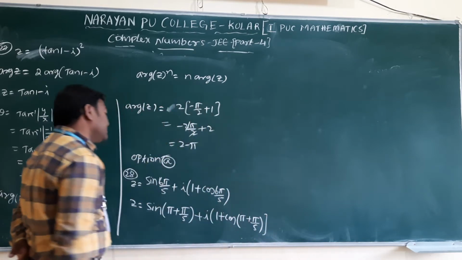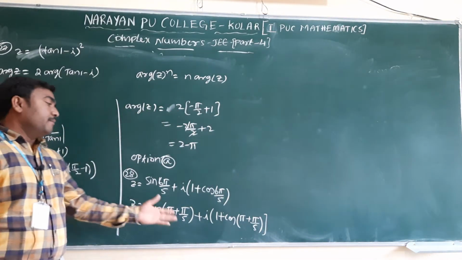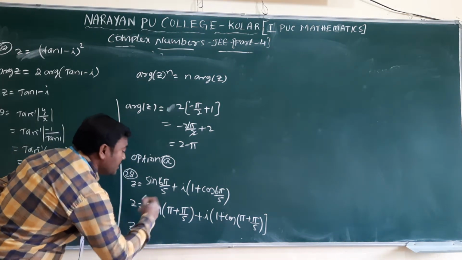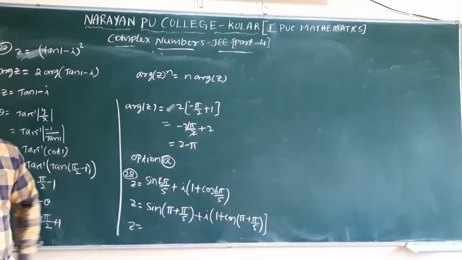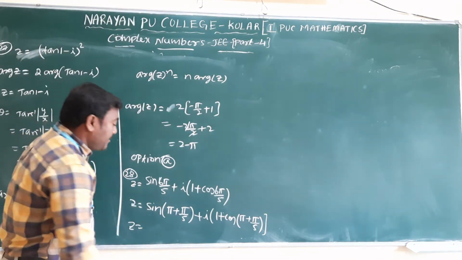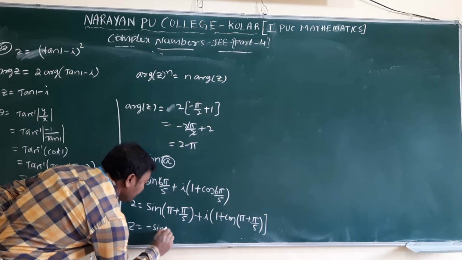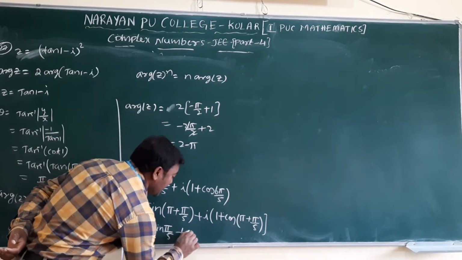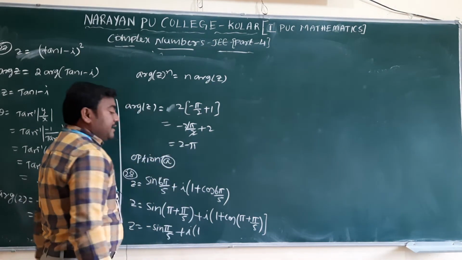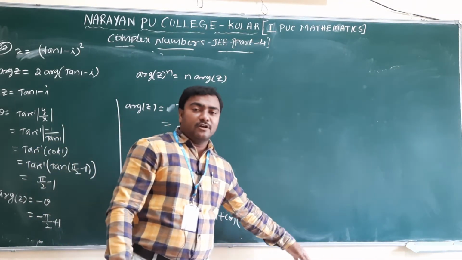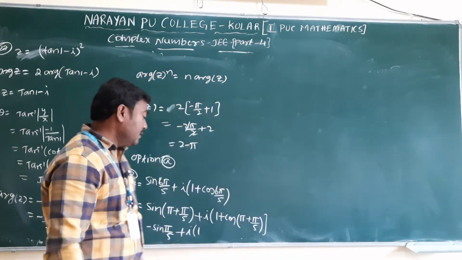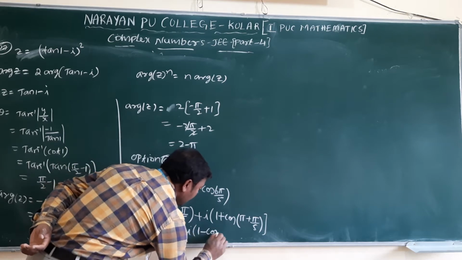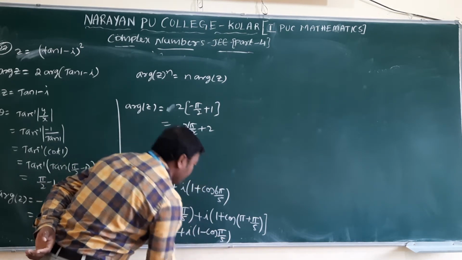Already we know the principal value lies from -π to +π. Here sin(180 + θ) is -sin θ, with θ = π/5, so -sin(π/5) + i(1 - cos(π/5)), since cos(180 + θ) is -cos θ.